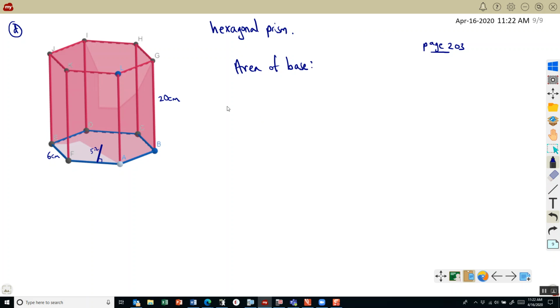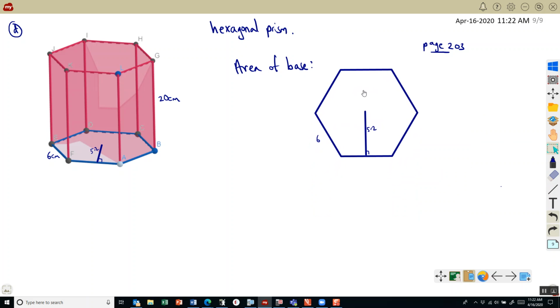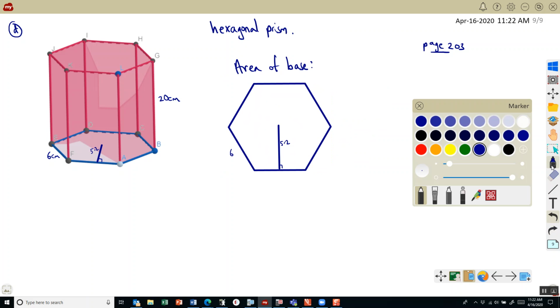So here is our base. And what type of shape is that? Well, we said it is a prism, and here is a picture of that. Now, we discussed before how to work out the area of something like this. We had a formula that we could use.